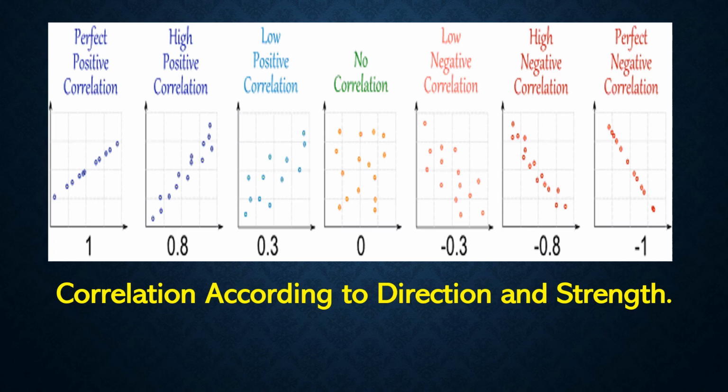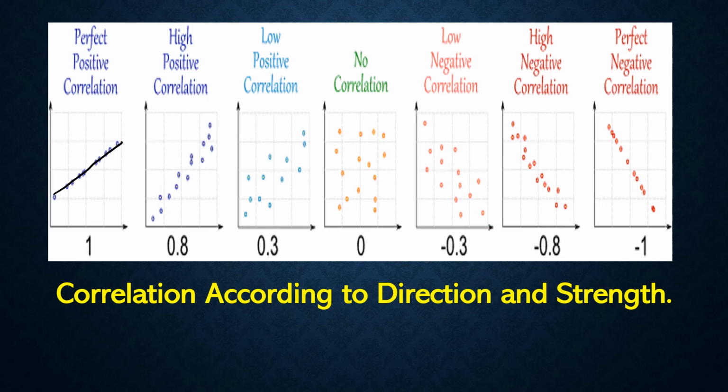Take a look at the difference between the two. The perfect positive correlation forms a straight line. For high positive correlation, you can see a straight line, however there are a few scattered points in this illustration.